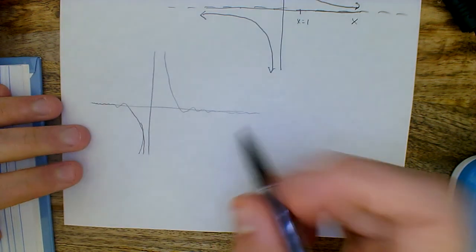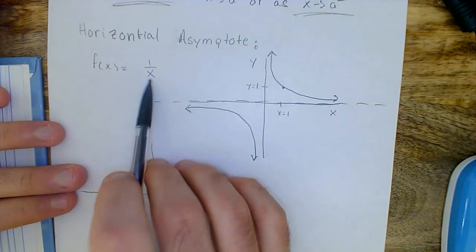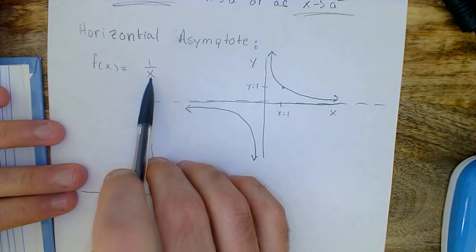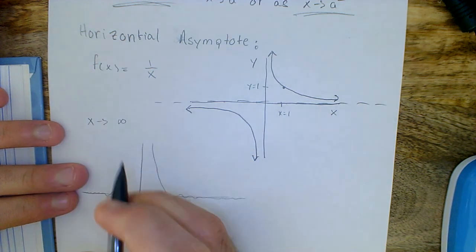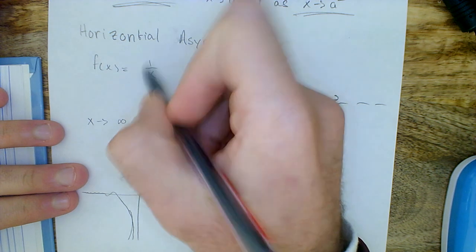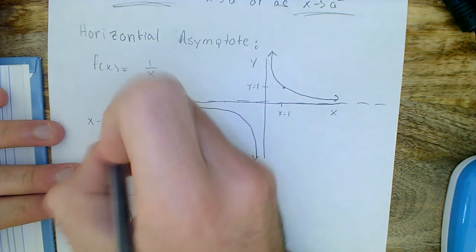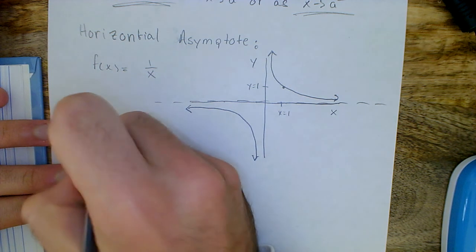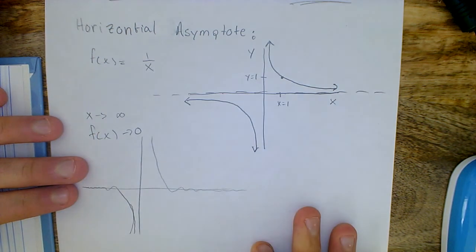In this case, if I let x get really, really big, as x goes to positive infinity, the bigger and bigger x gets, the smaller and smaller 1 over x gets, because you're dividing by a bigger number. So it's really looking like f of x goes to 0.